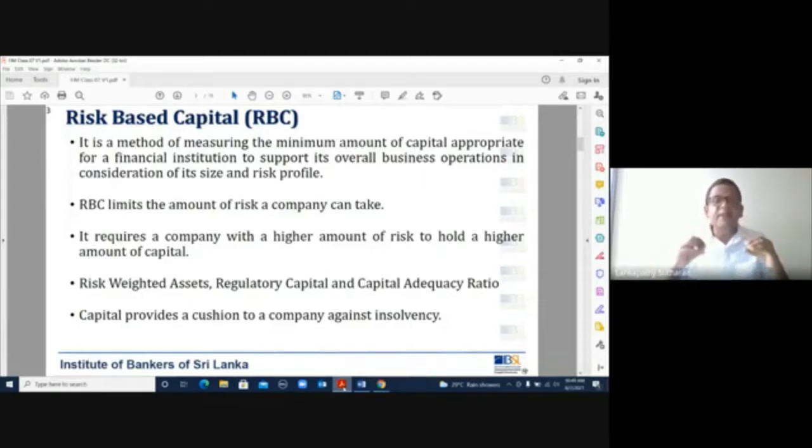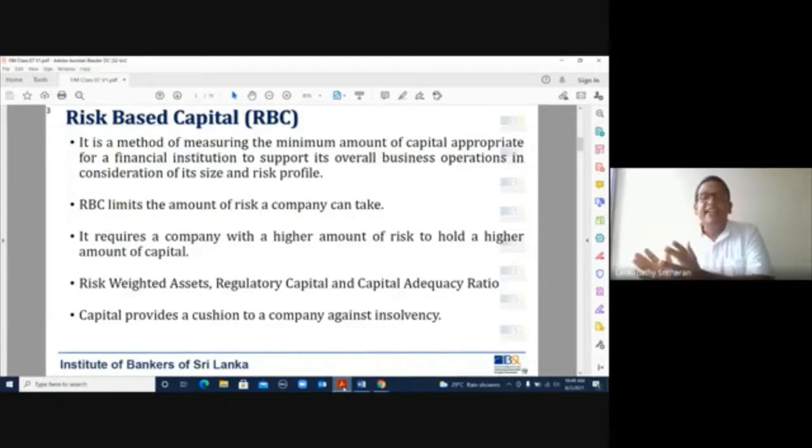Is it reasonable to maintain the same capital for both banks, even though the total bank size is the same? It is not reasonable, because bank B is taking comparably more risk.